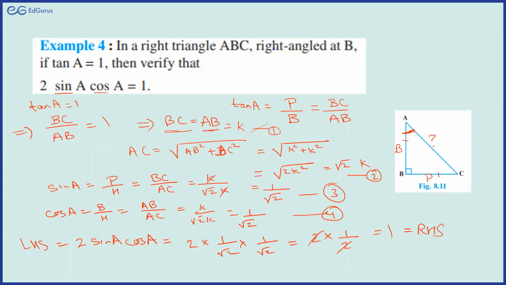Hypotenuse is not given. So first thing to do is find the hypotenuse. Because it's right angle triangle, it's very easy, right? You can use Pythagoras theorem, find your hypotenuse. Once you have your hypotenuse, you have all three sides, you can find any of these trigonometric ratios. And once you find these, you just simply substitute the values. Okay?